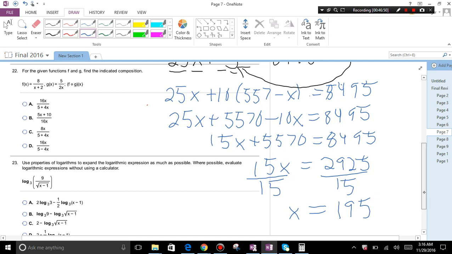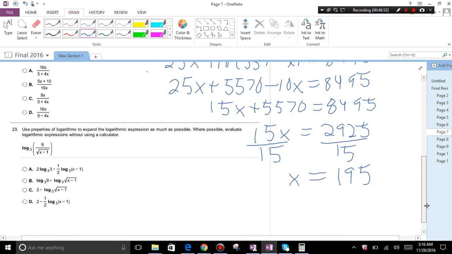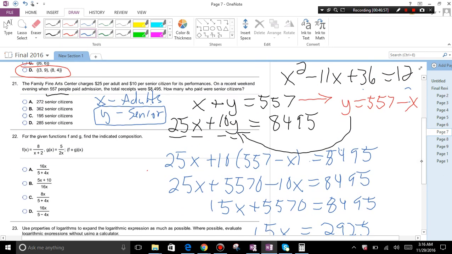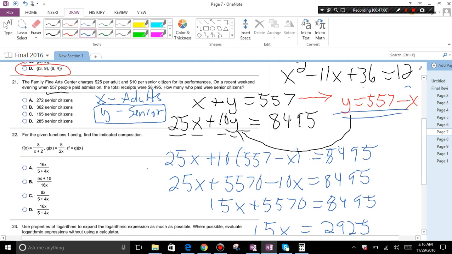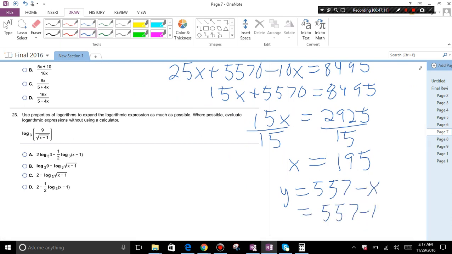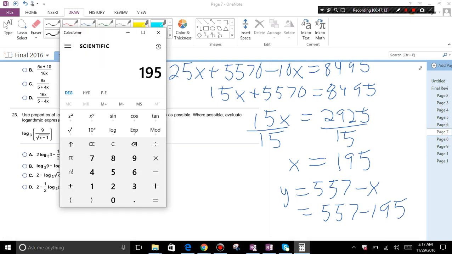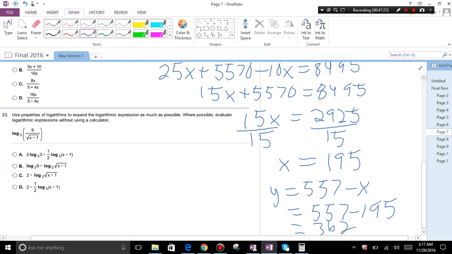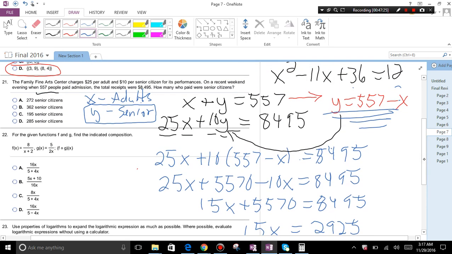Of course, that's going to be one of the answer choices to try and trick you. We were looking for the number of senior citizens, which we labeled as y, and so we have to remember that y is 557 minus x. We just figured out what x is. It's 557 minus 195. The number of senior citizens is 362. For us, that is B.